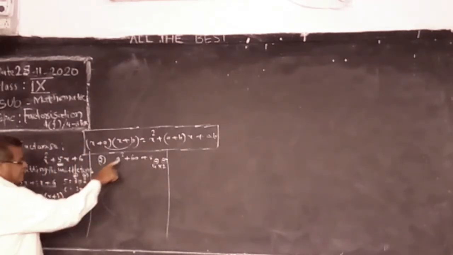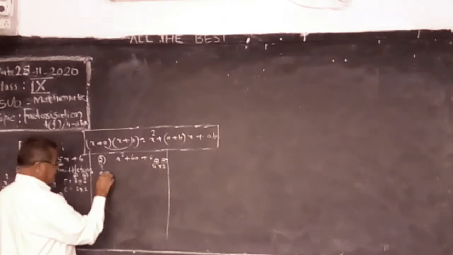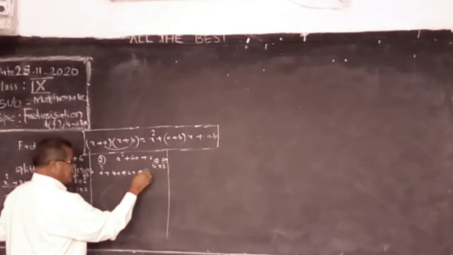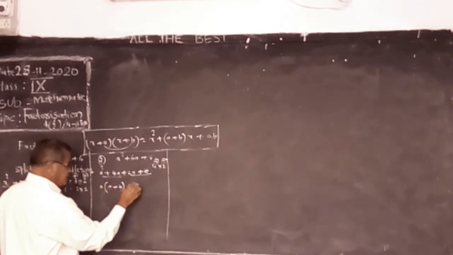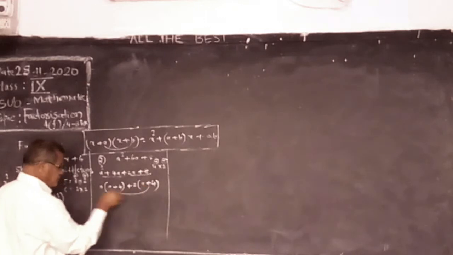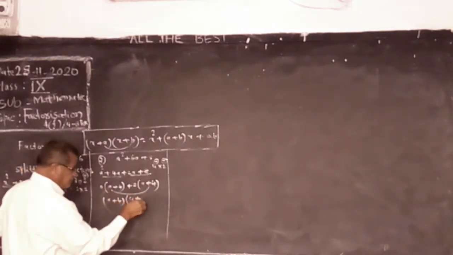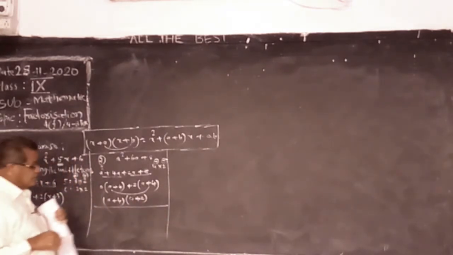Split the 6a like this: a squared plus 4a plus 2a plus 8. Taking a common, a plus 4. Taking 2 common, a plus 4. Again a plus 4 is common. (a plus 4) into (a plus 2) are the factors. Like this.